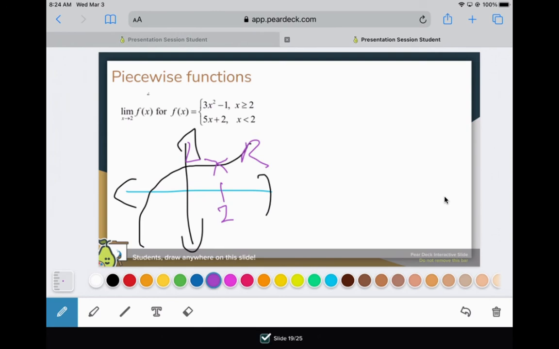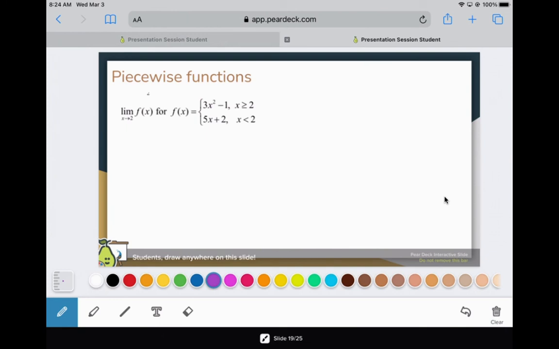If they don't come to the same point, for example, if I have another graph that comes here, and then this point is over here, right? So there's no limit at 0. So that is how we know if there is a limit or we don't have a limit, by looking at the left side and the right side. If they are equal, that means they come to the same point, there's a limit. If they don't come to the same point, there's no limit. That is the piecewise function that we looked at.